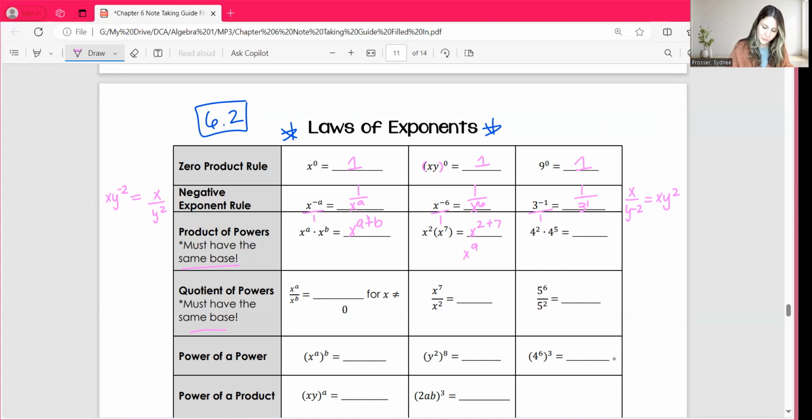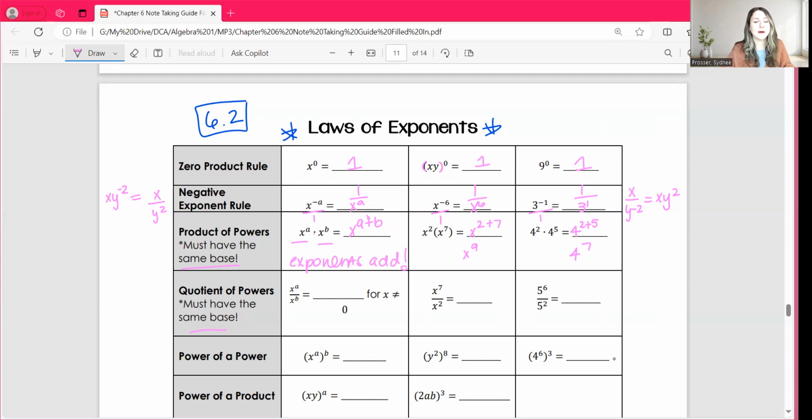And 4 squared times 4 to the 5th is 4 to the 2 plus 5, which gives me 4 to the 7th. When you're multiplying variables, exponents add.